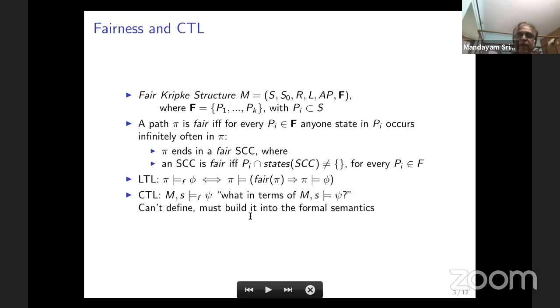We'll first see how to modify the standard semantics of the CTL operators so that those things are satisfied on a subset of the paths.